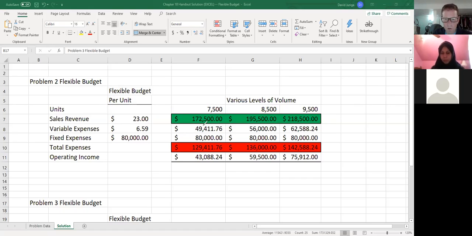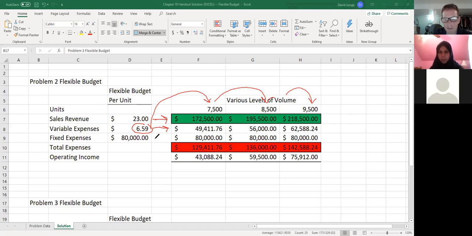Now, in this solution, I'm trying to show you how you got the sales revenue. We then figured out our variable cost per unit, which is again 6.59. So this row is just taking this 6.59 and multiplying by each of these volumes: 49,411, 56,000, and 62,588.